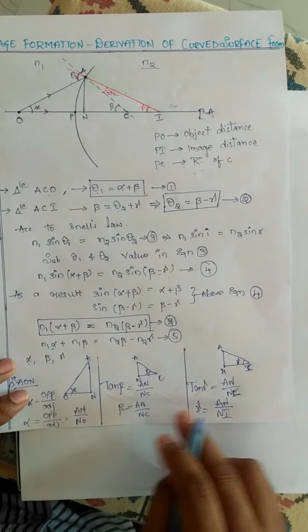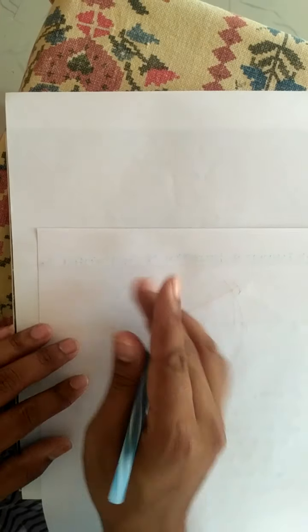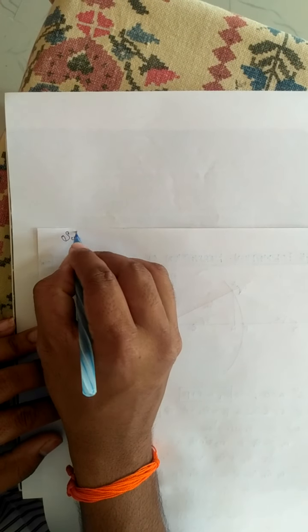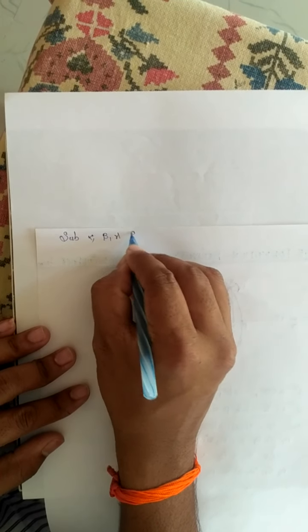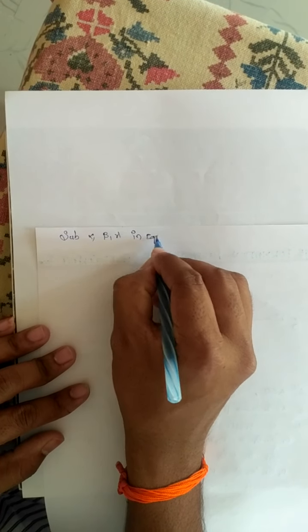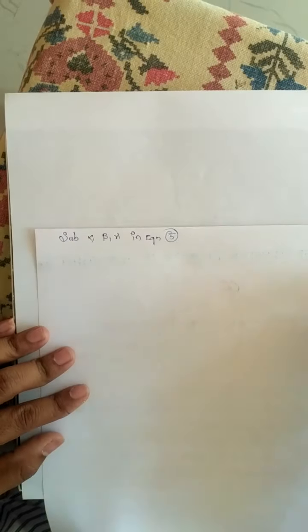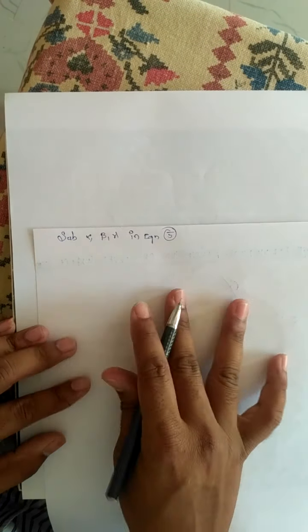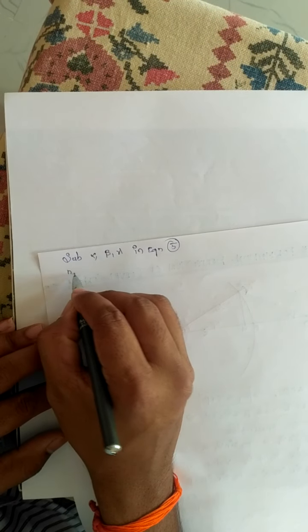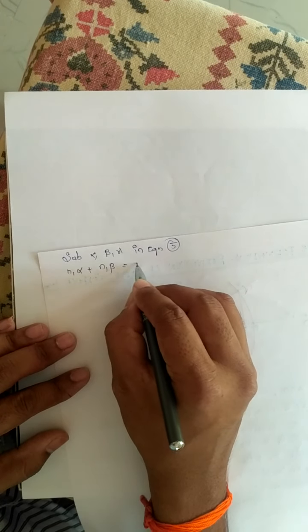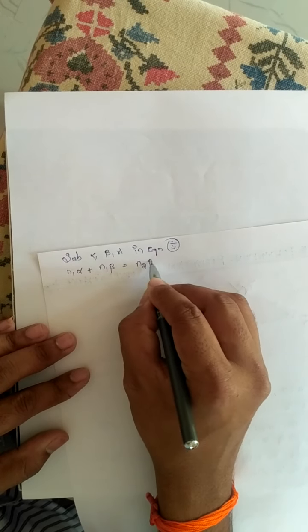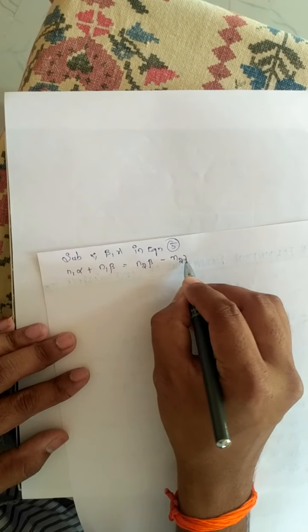Substitute alpha, beta, gamma in equation number 5, right? What is equation number 5? n1 alpha plus n1 beta is equal to n2 beta minus n2 gamma.